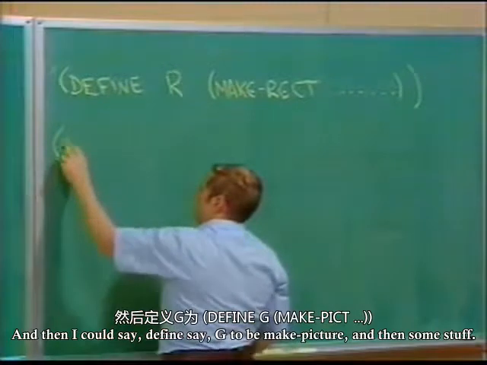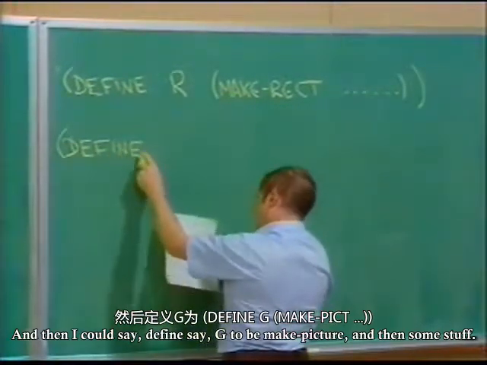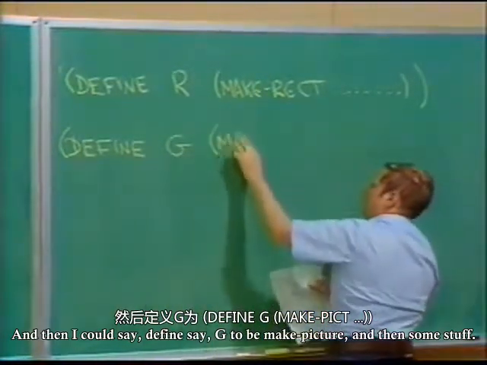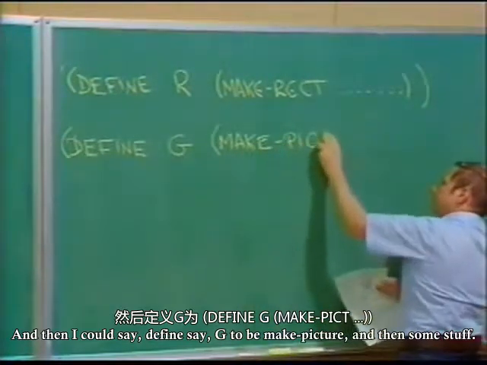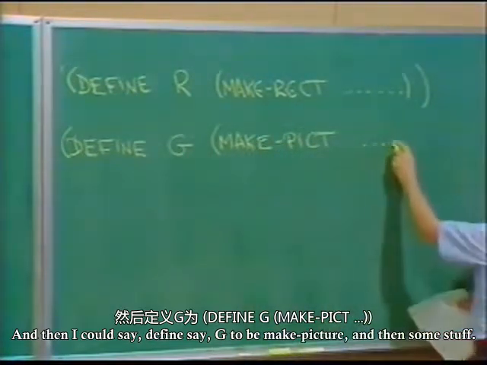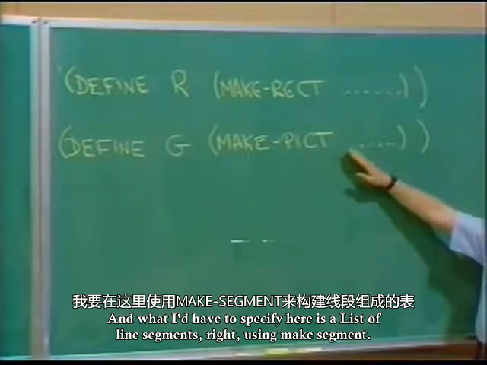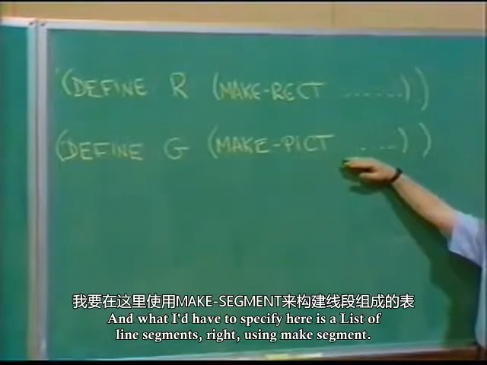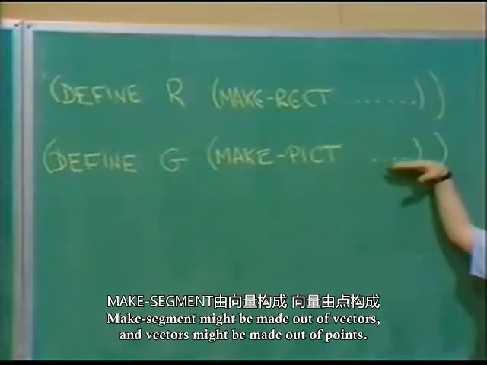And then I could say define, say, G to be make picture, and then some stuff. And what I'd have to specify here is a list of line segments, using make segment. And make segment might be made out of vectors, and vectors might be made out of points.